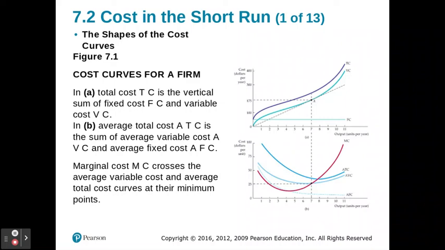So average fixed cost plus average variable cost equals average total cost. But what you would notice here is that average fixed costs are getting smaller and smaller. So that would mean that the vertical distance between the two is getting smaller and smaller.